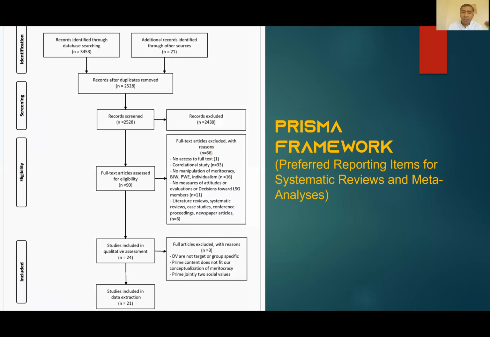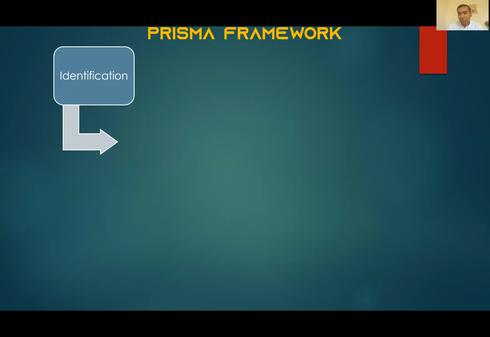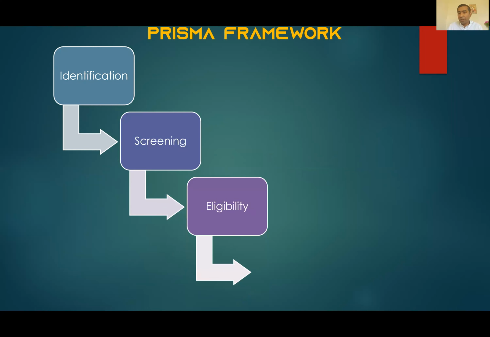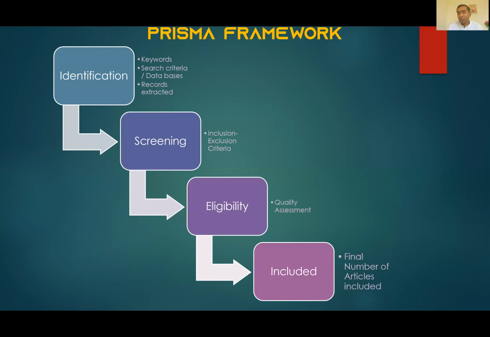We have 4 stages here: identification of the relevant literature, screening of your literature, eligibility criteria, and finally the inclusion and exclusion criteria. Sorry, after this we need to give the final number of research articles included, and this is where we have to extract the Excel sheet and work on it.